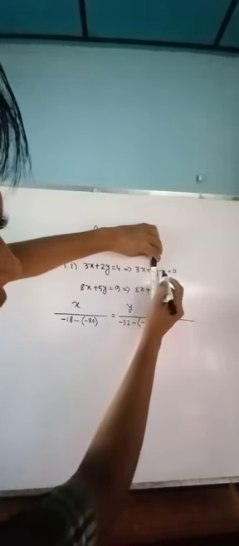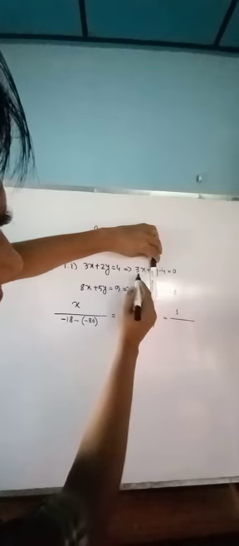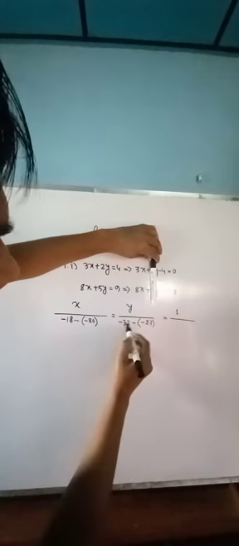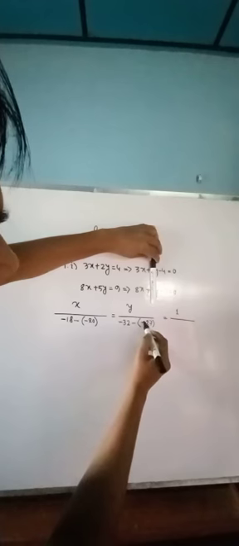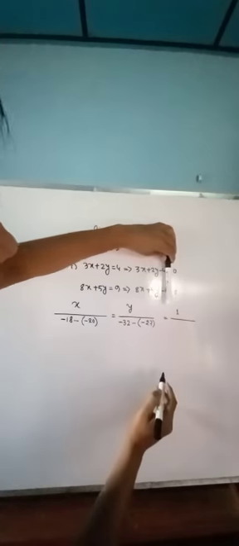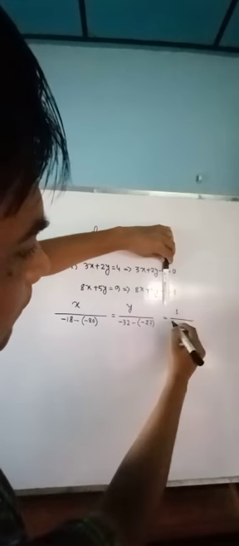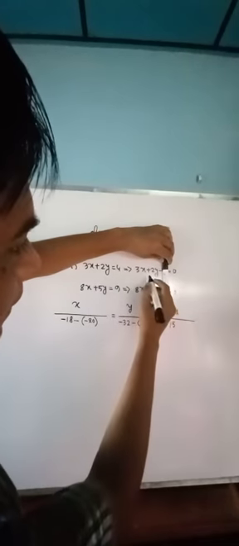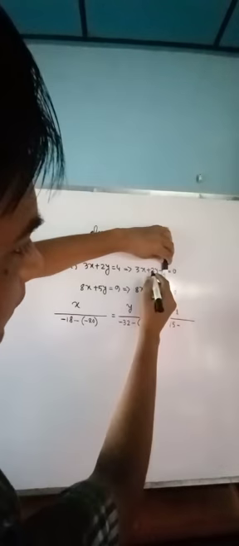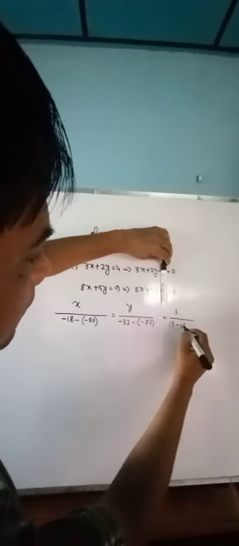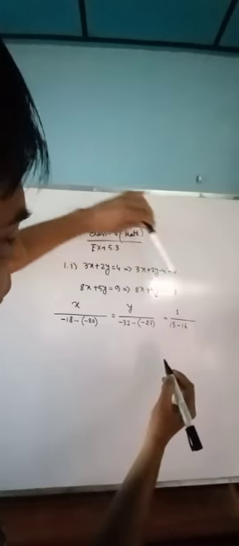Y means y side 4 into 8, 3 into 9, plus a minus a minus, this side the minus as it is, and this also minus. Now next, 1. 1 means this. Start from here. 3 into 5, 15. And this side minus 8 into 2, that is 16. Clear? Now, hope you have understood this part.